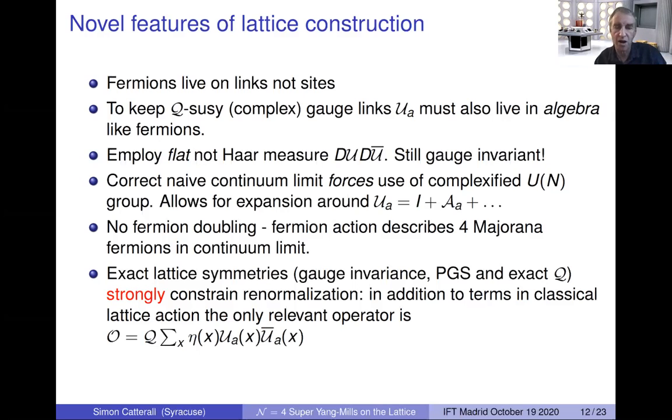I'll show in a little while that you can compute the moduli space of the lattice theory, and you can show that it's not renormalized to all orders in perturbation theory. And so this term actually can't be induced naively for that reason, because it would lift the moduli space. But in principle, if you don't look at the moduli space calculation, then you might worry about this operator. And so that's something we are still worrying about in principle.